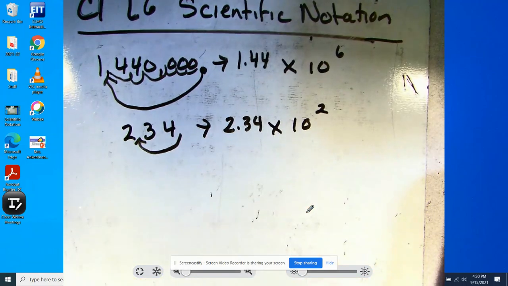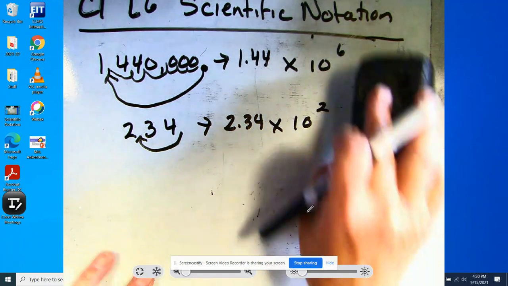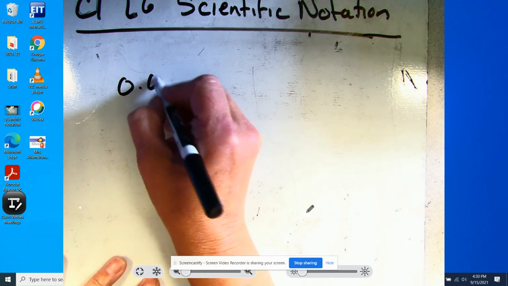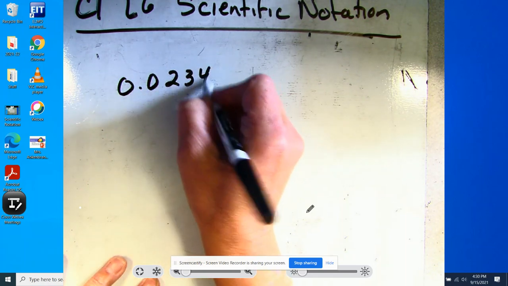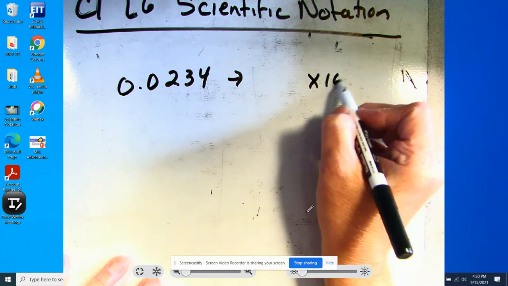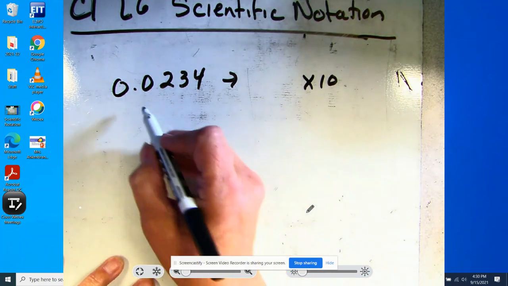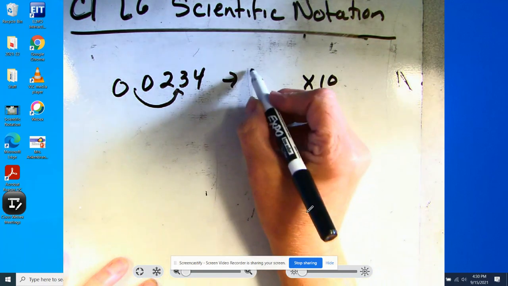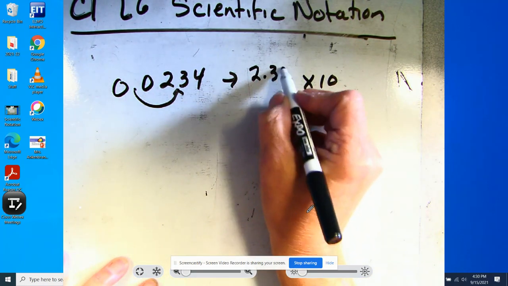Where these are getting bigger, what if we start with a small number? What if we start with 0.0234? We know it's times 10. We are going to put the decimal between the first two digits, which are 2 and 3. So this is going to be 2.34.